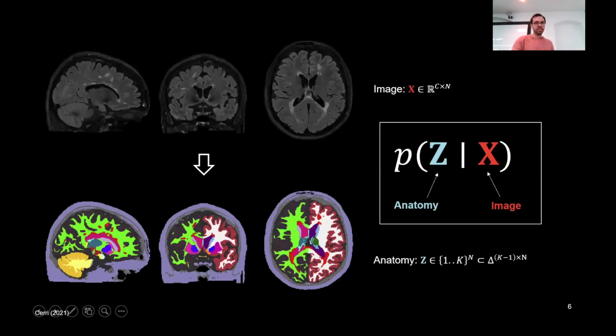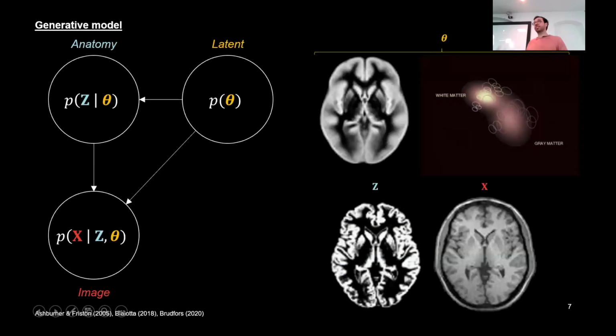But first, let's just talk about segmentation in general, right? So segmentation is the point of, let's say I have an image, and what do I then know about the underlying anatomy that generates that image? And so the quantity we're interested in is the posterior of the anatomy given the image. And how do you define that quantity? Well, historically and in the SPM world, we use a generative model. So we introduce additional variables.